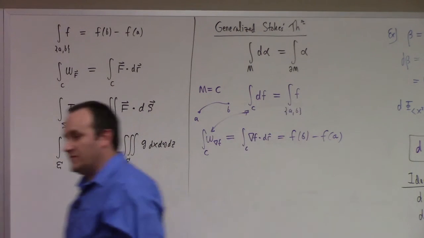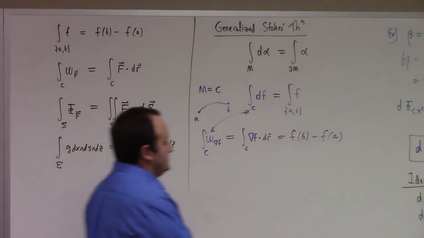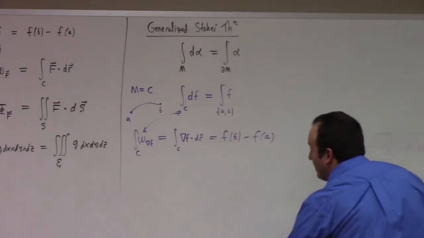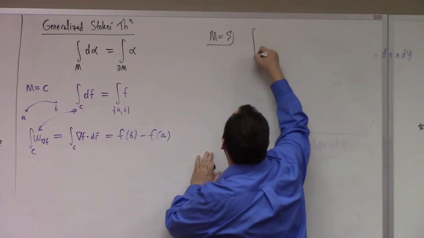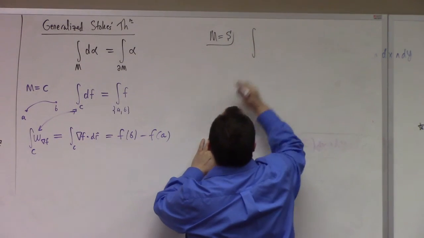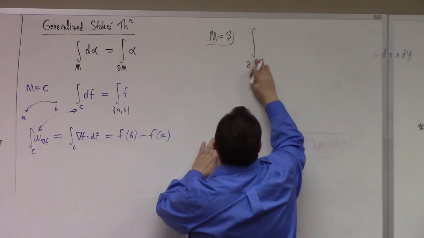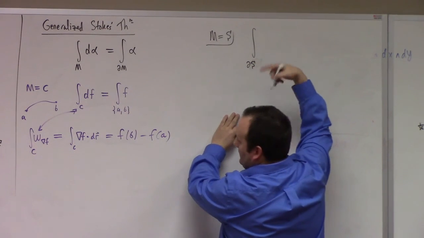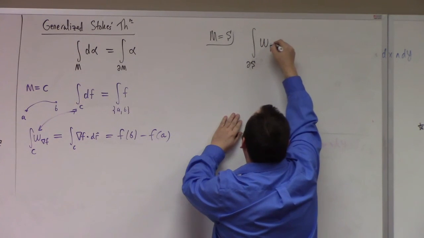What if we do the same thing for a surface? Take M to be a surface. So we'd integrate the boundary of S, boundary of M on this side. So the boundary of a surface is a curve. So I could look at the work form of a vector field.